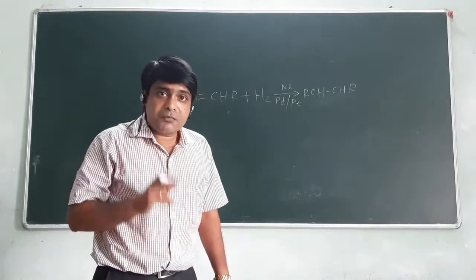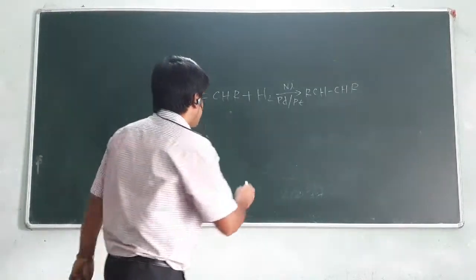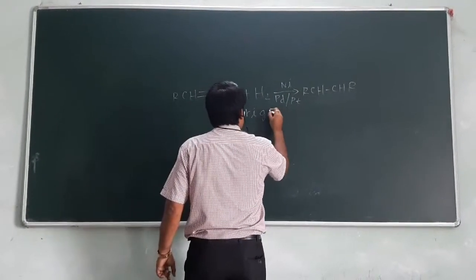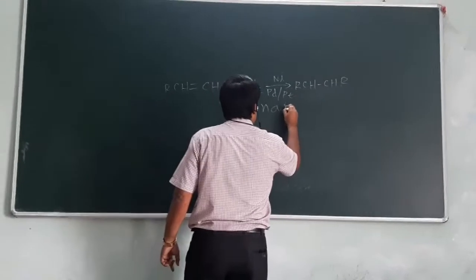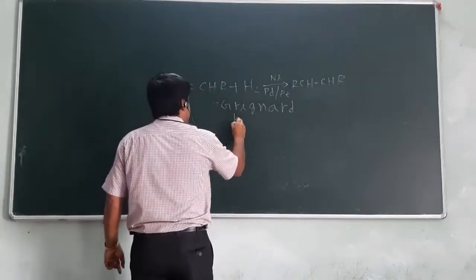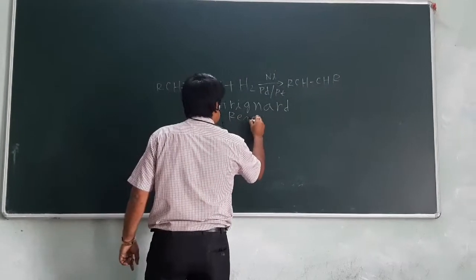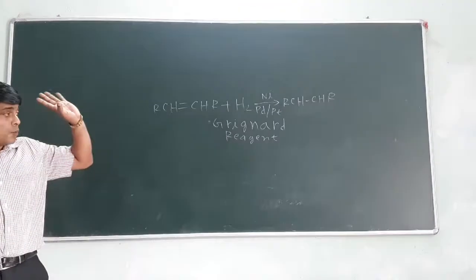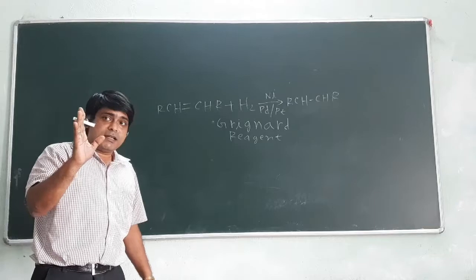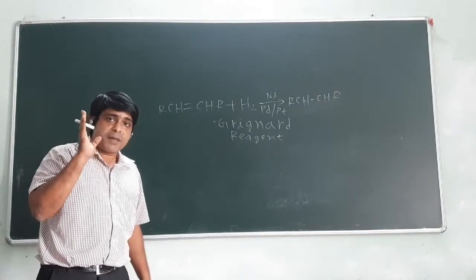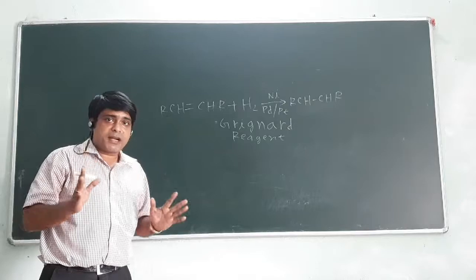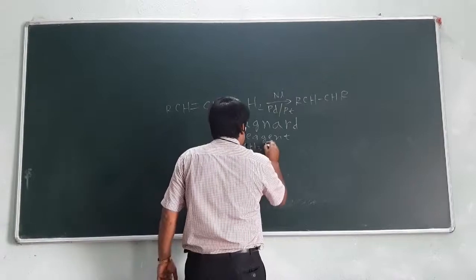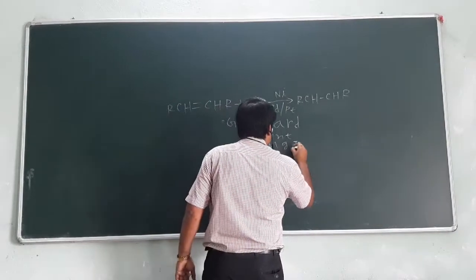A very important point: the Grignard reagent. Remember that point. What is a Grignard reagent? A Grignard reagent is nothing but an alkyl magnesium halide. Suppose methyl magnesium iodide.